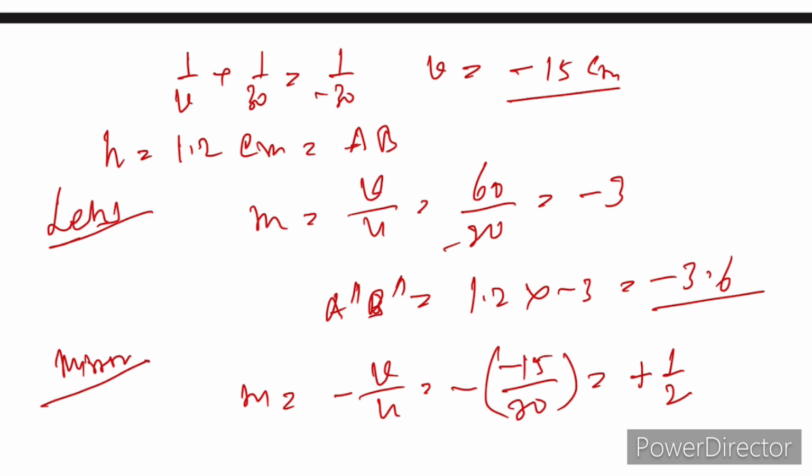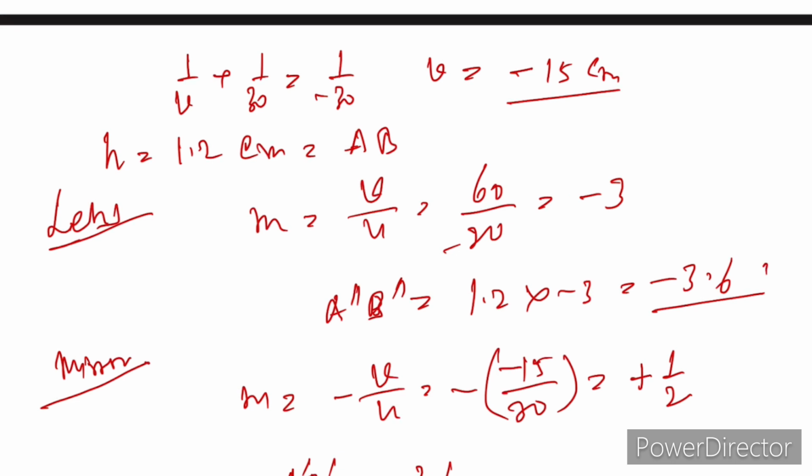So the image formed by the mirror will be of the length, its object was 3.6 centimeter. So 3.6 into 1 by 2, and that will become 1.8 centimeter. Correct?